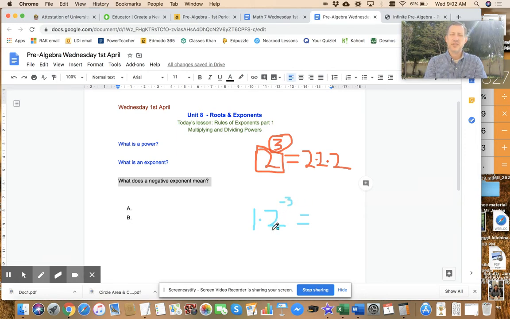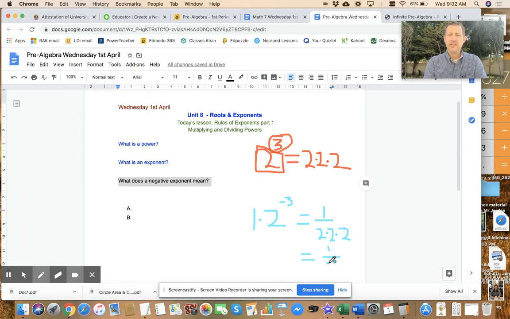Negative exponents means you're dividing the base. If there's no number in front, that just means it's 1. So I'm dividing 1 by 2, and then dividing it by 2 again, and dividing it by 2 a third time. Well, what's 2 times 2 times 2? That's 8. So we're dividing: 1 divided by 8.